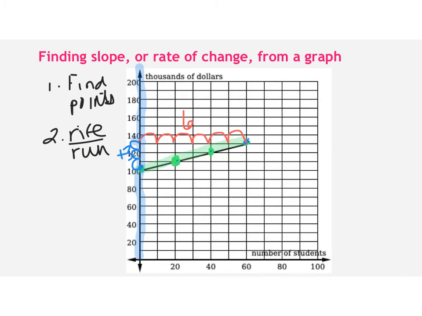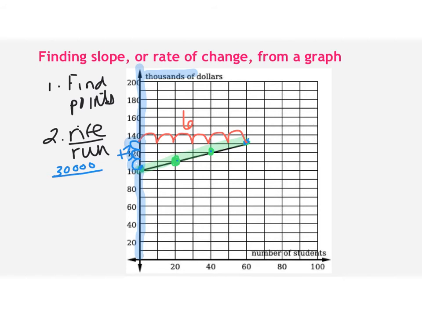So when I go up by 3 right here, I'm actually going up by 30. And to make that a little more difficult, I see that it's actually in thousands. So when I say plus 3, I'm actually going up $30,000. So my rise in this case is going to be $30,000.